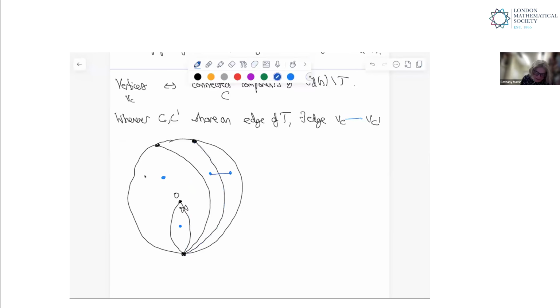And then similarly here. But these 2 regions actually have 2 edges in common, the tagged and the untagged one. So we actually get this graph here. It has four vertices and a double edge.